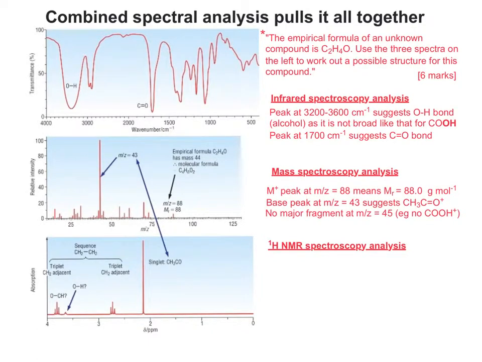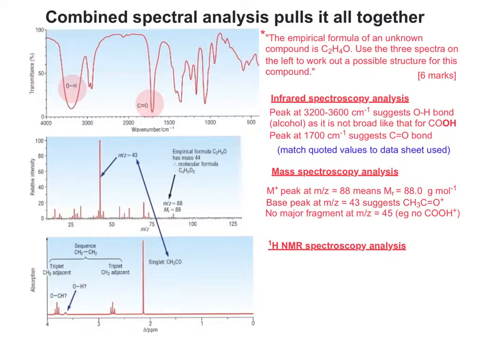So if we do the infrared and mass spectroscopy first, and then try and pull it together using the hydrogen NMR at the end, we can see that there's a peak at 2,500 to 3,300, and also one at 1,700. Now what I'm trying to do in all cases is to match the values that I'm quoting to the actual data sheet I'm given.